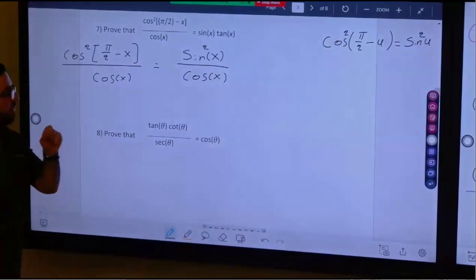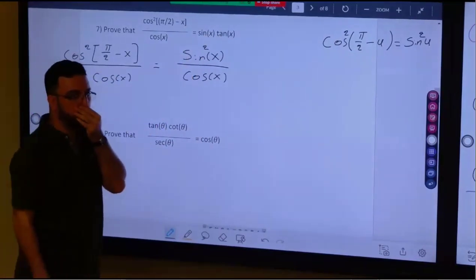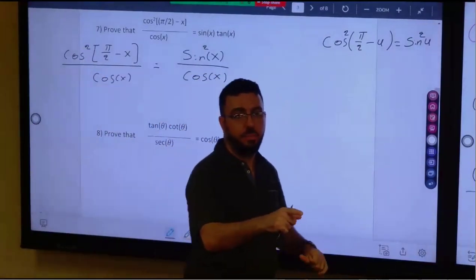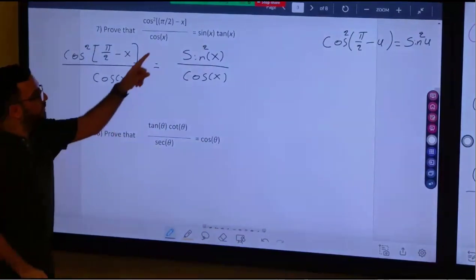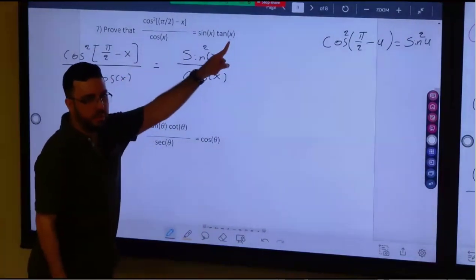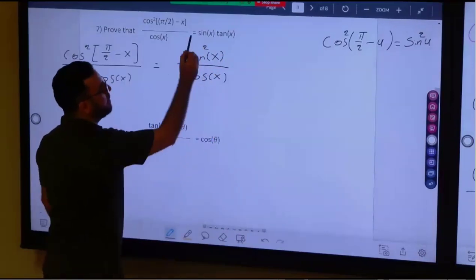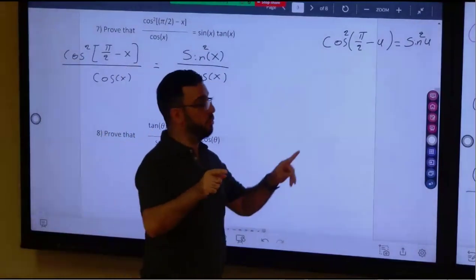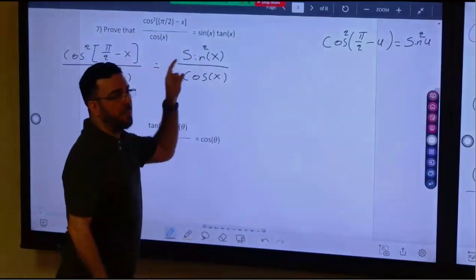How are you gonna get these two sides from here? My goal is to find sine and tan, right? Now I reach this step. What do I have to do to get sine and tangent? Don't overthink it. How many sine do you have on the top? Two.